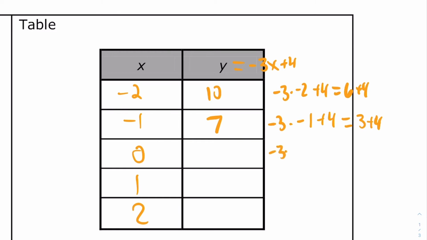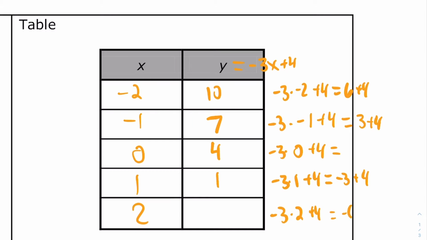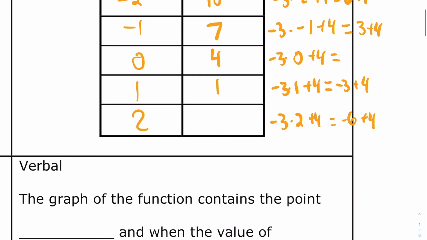Negative 3 times 0 plus 4, times 0 doesn't matter, it's going to be 0, so just plus 4 means 4. Negative 3 times 1 plus 4 is negative 3 plus 4, which makes 1. Negative 3 times 2 plus 4 is negative 6 plus 4, and negative 6 plus 4 will make negative 2.